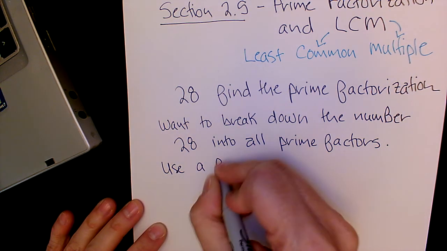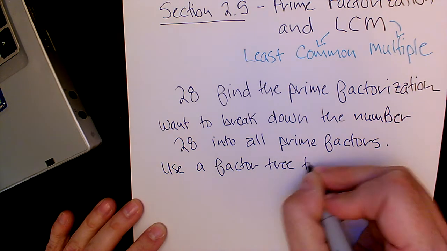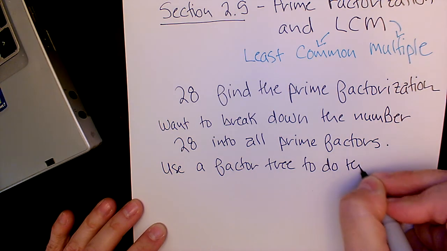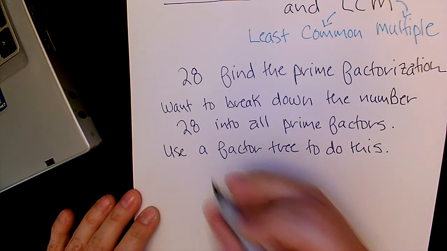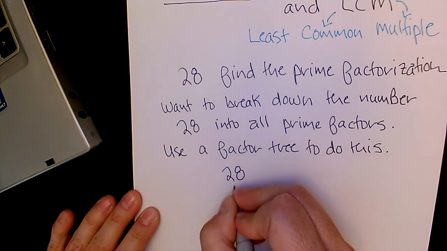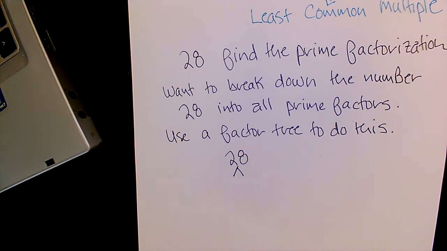And I'm going to use what we call a factor tree to do this. You might have done this before, where I put the 28 on the top of the tree, and we branch out.